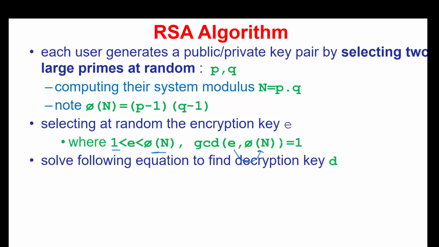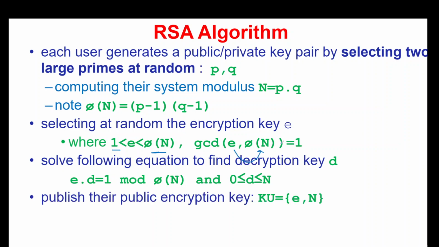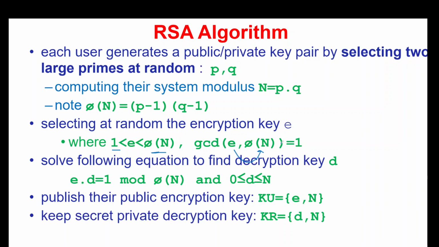Then we solve the equation e times d equals 1 mod phi of n to find the decryption key d. The meaning is that the encryption key and decryption key are modulo inverses of each other. Then we publicize the encryption key, which is the pair e comma n. Similarly, the private key, the decryption key, is d comma n. So this is the RSA algorithm.